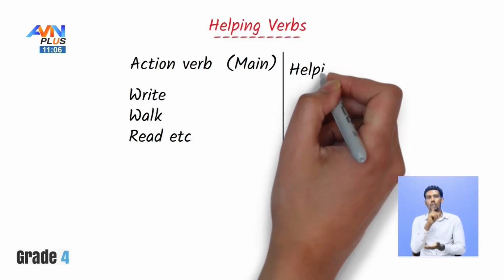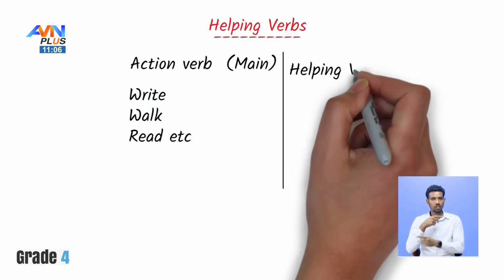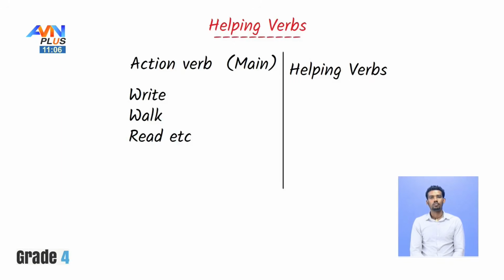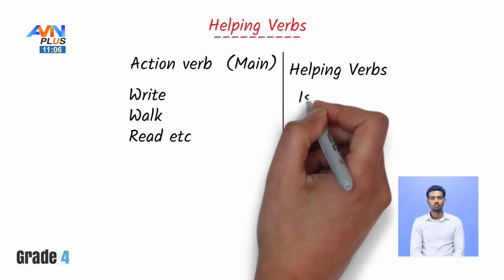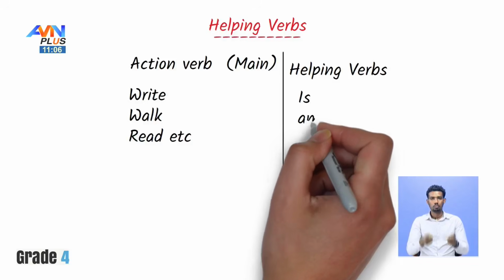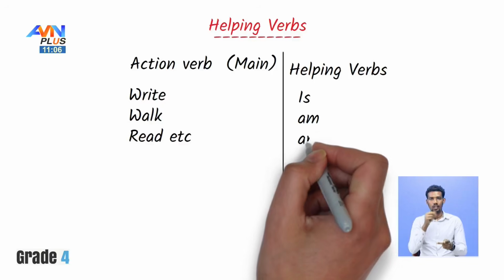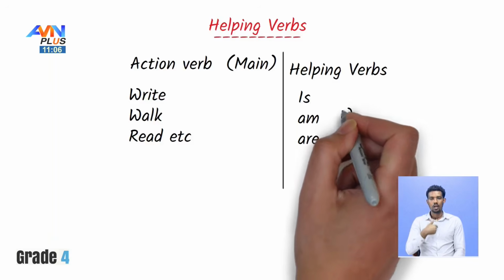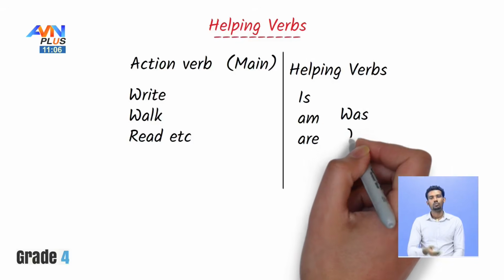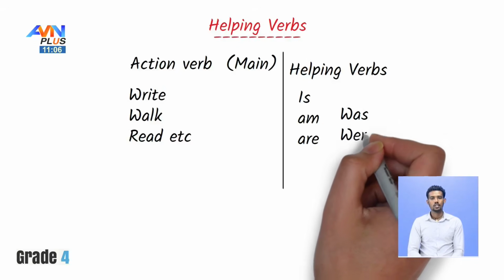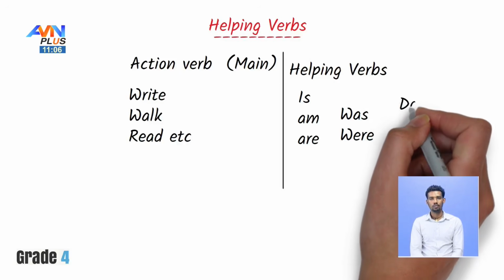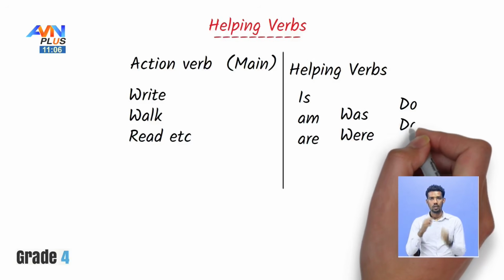The main verbs here, or the action verbs, like in the simple present tense, we use is, are, and here in the past continuous, was and were. And as a question, we can use do and does.